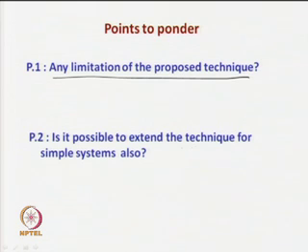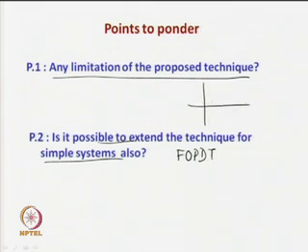Is it possible to extend the technique for simple systems also? Yes, it is possible to extend this technique for simple systems, in which case luckily for first order plus dead time systems especially, one can find the area of half period signal. Unlike the full period signal, one can find the area of half period signal.